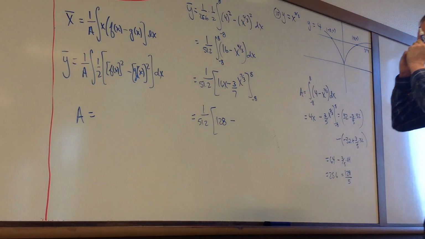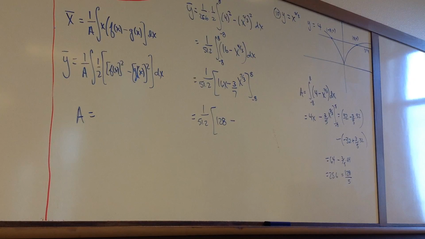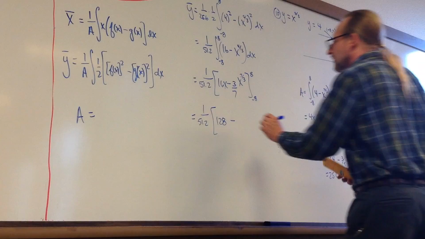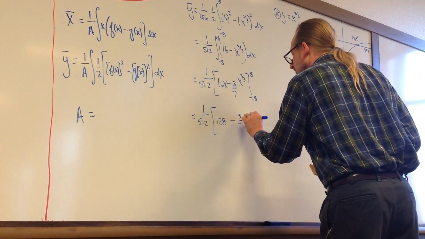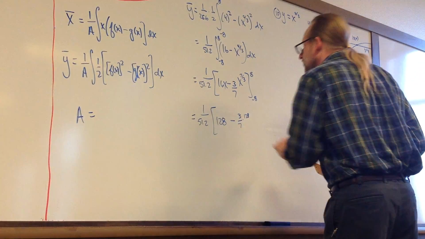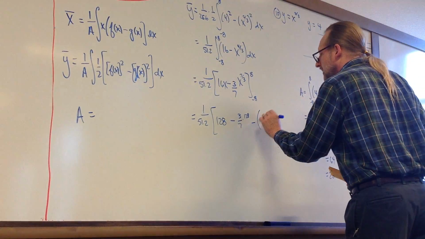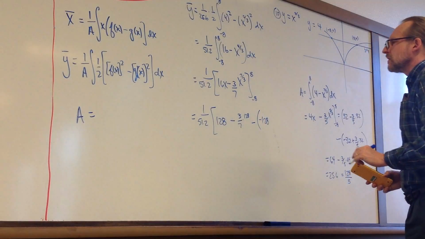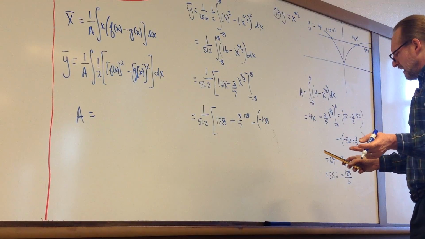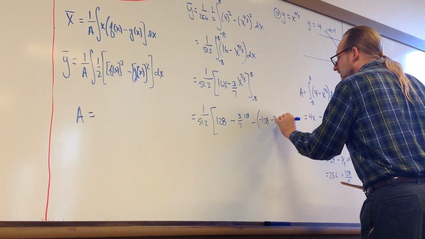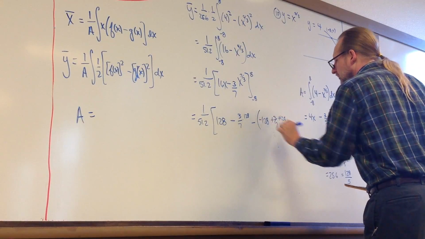And then 8 to the 7/3 is, I believe, going to be 128, right? So that's 3/7 times 128. And then we're going to subtract -128. And then if we do -8 to the 7/3, that'll be -128. So those will be positive.